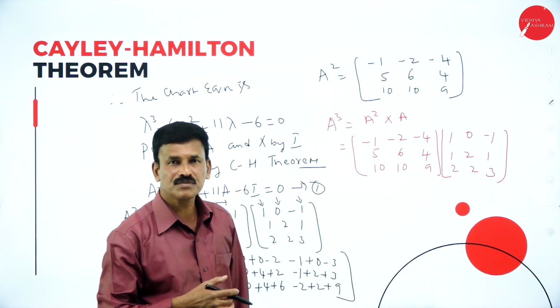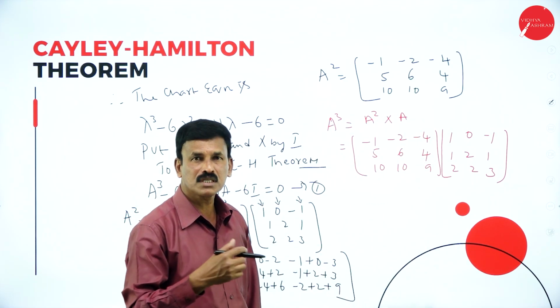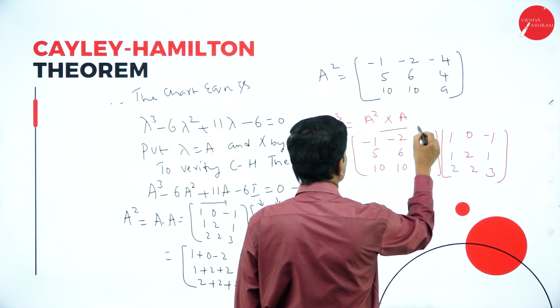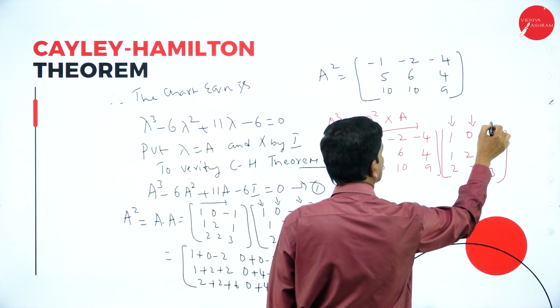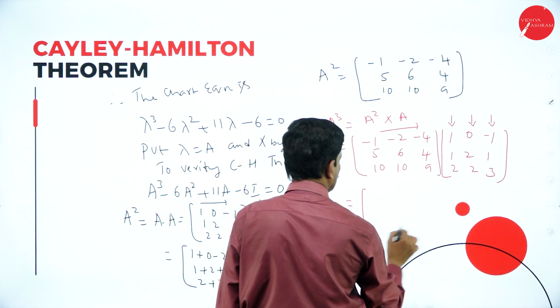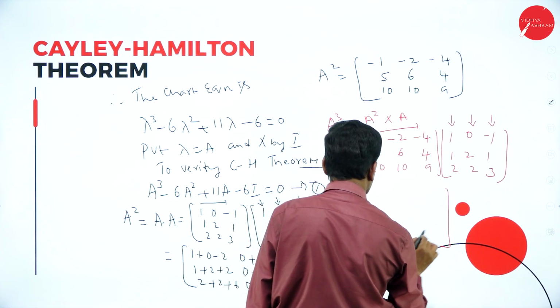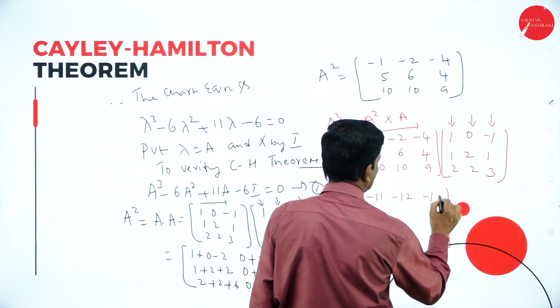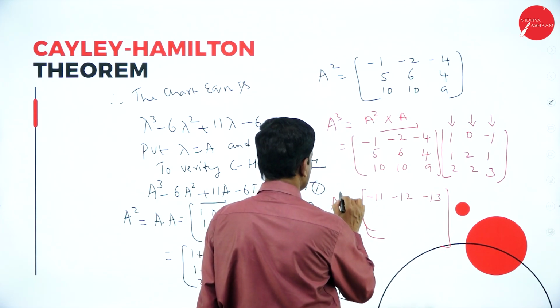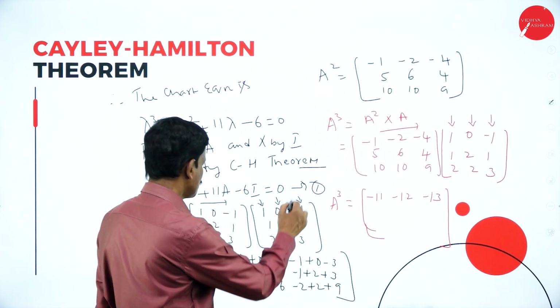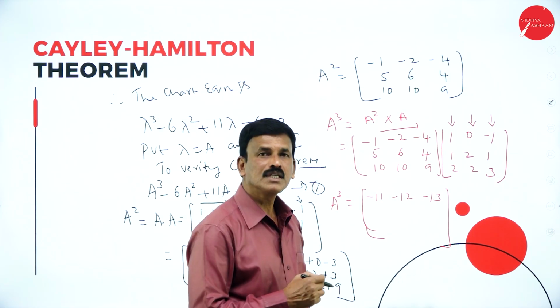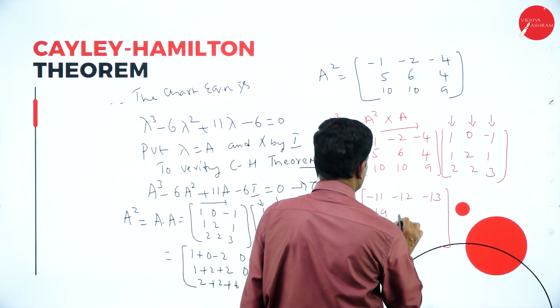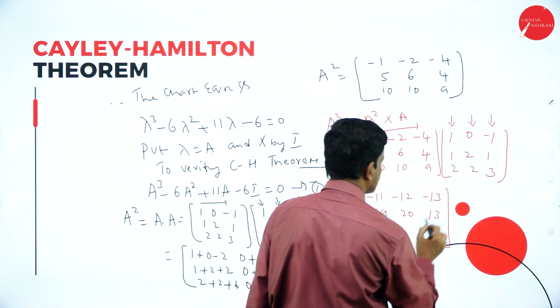Simplify the same way, first row, first column, second column, third column. So if you simplify, what is the answer you are going to get for this? You are going to get minus 11, minus 12, minus 13. This is A cube.